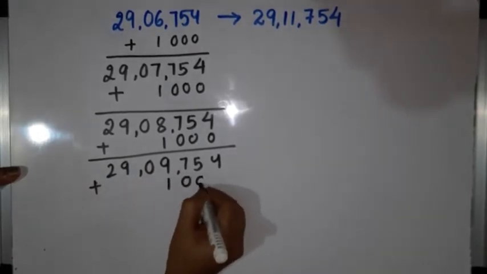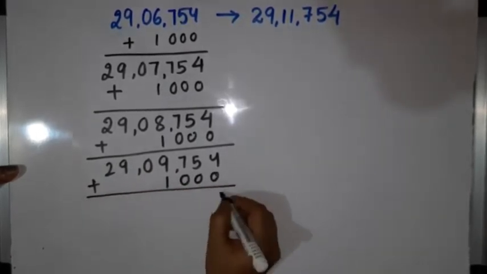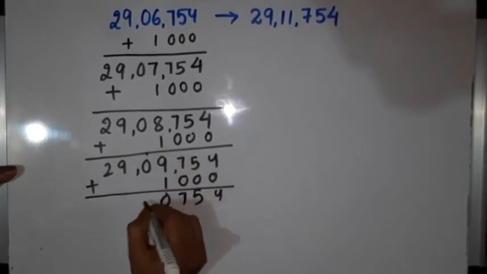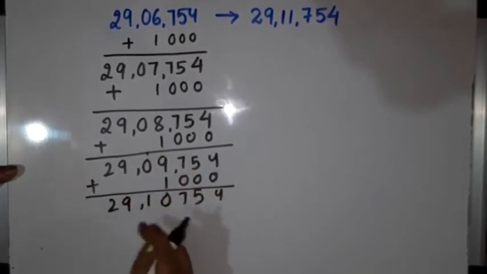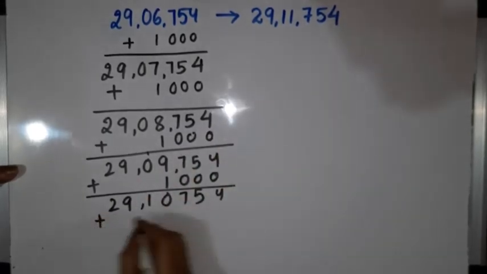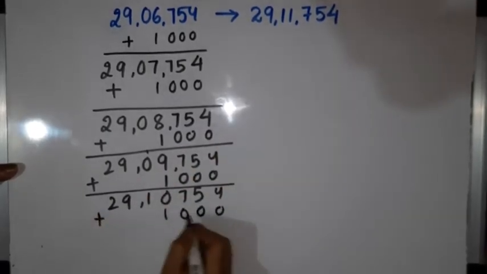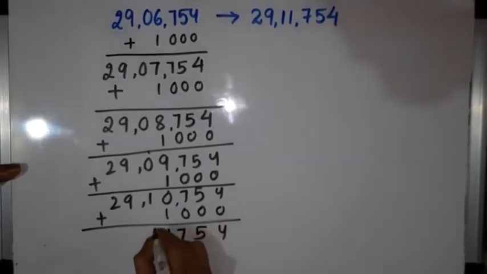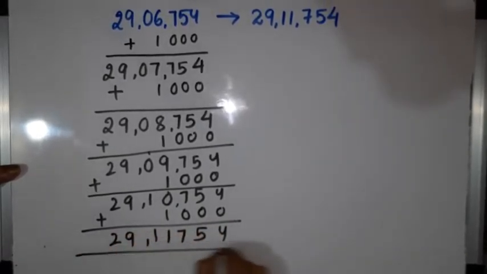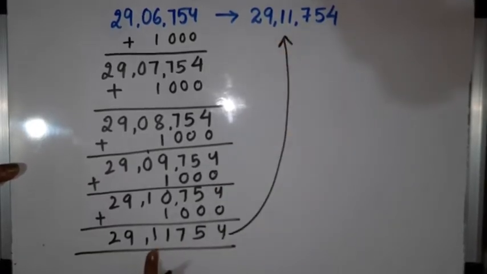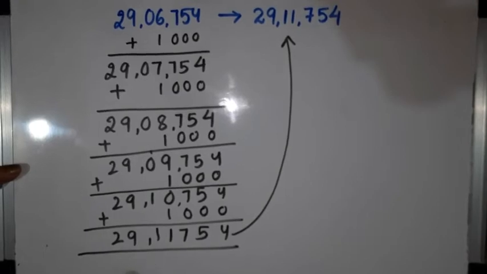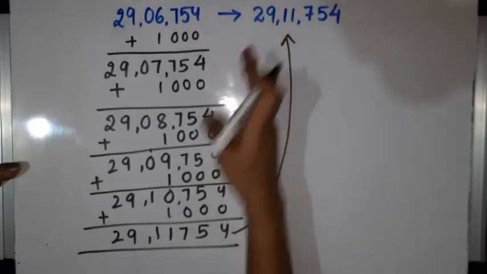Again 1000. 4, 5, 7, 9 plus 1 is 10, 1, 9 and 2. Still we haven't reached, so we'll add 1000 again. 4, 5, 7, 1, 1, 9, 2. So you can see now we have got this number here. That means here we'll stop and we have completed the counting of 1000 to reach this number.